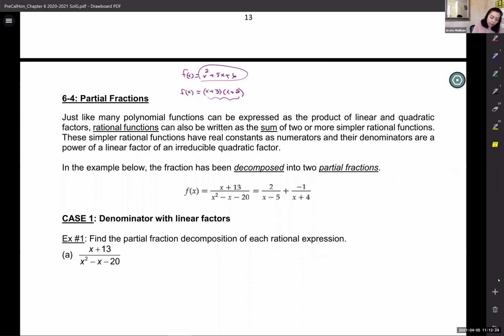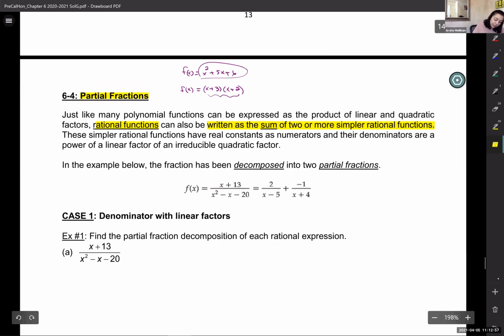So just like we do that, what we're going to do in this section is we're going to come up with partial fractions, which means, just like we can take a polynomial function and break it down into its factors, you can take a rational function and write it as the sum of two or more simpler rational functions.